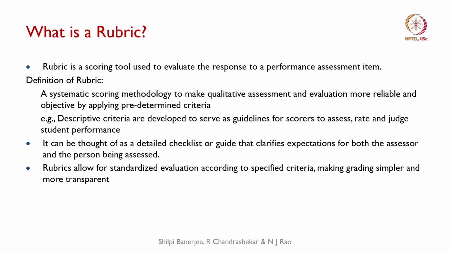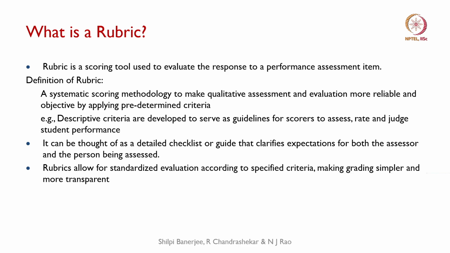Now, the formal definition of a rubric is a systematic scoring methodology to make qualitative assessment and evaluation more reliable and objective by applying predetermined criteria. There will still be some subjectivity in this, but the subjectivity is drastically reduced by using a rubric.